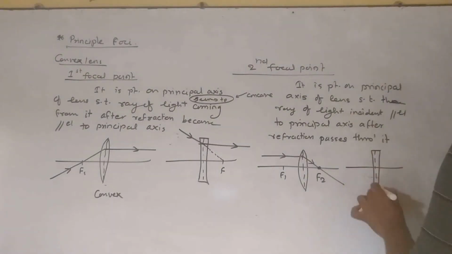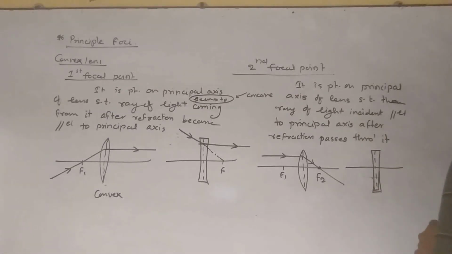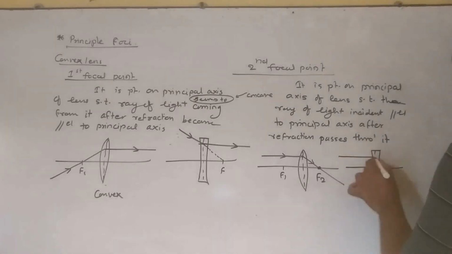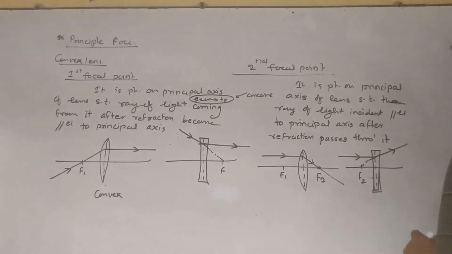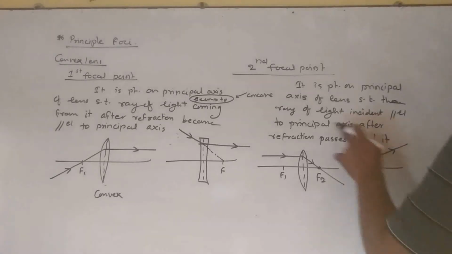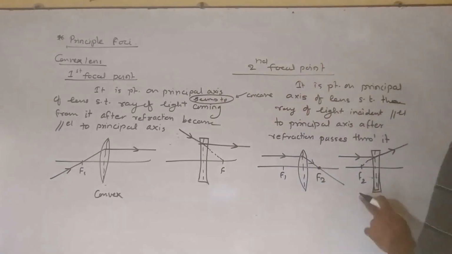convex, we can show that a ray of light incident parallelly on this lens seems to pass through the point. Okay, so we can write for concave also.